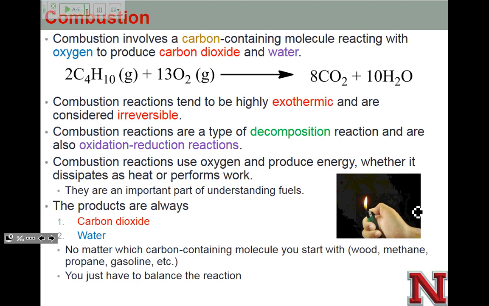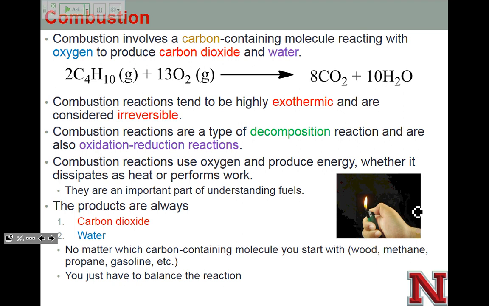Now remember, if we get our grams of CO2, we send it off and they send us back, okay, you had 80 grams of CO2. And we want to calculate how many moles of carbon we started with. That's where the relationship between our moles of carbon and moles of CO2 comes into play.